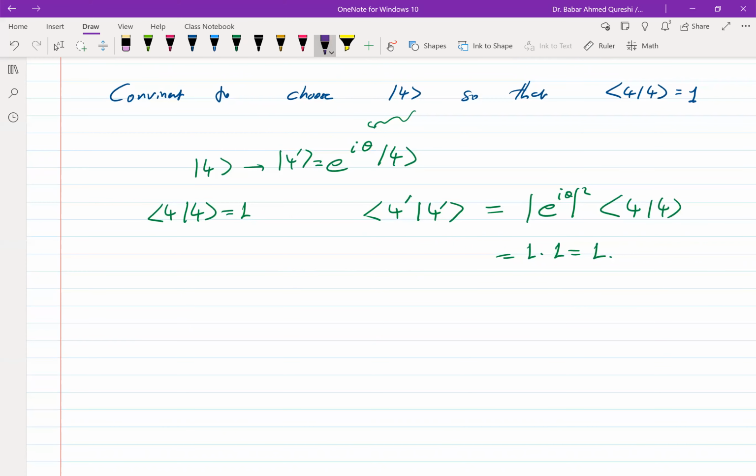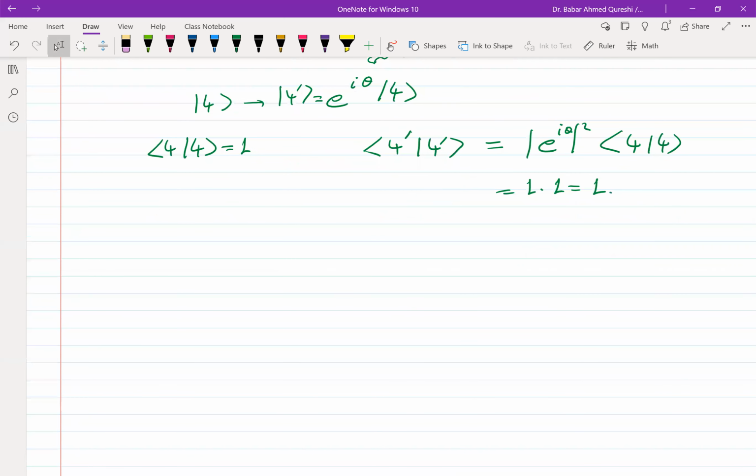Now, let's talk about the next postulate, which is the time evolution.